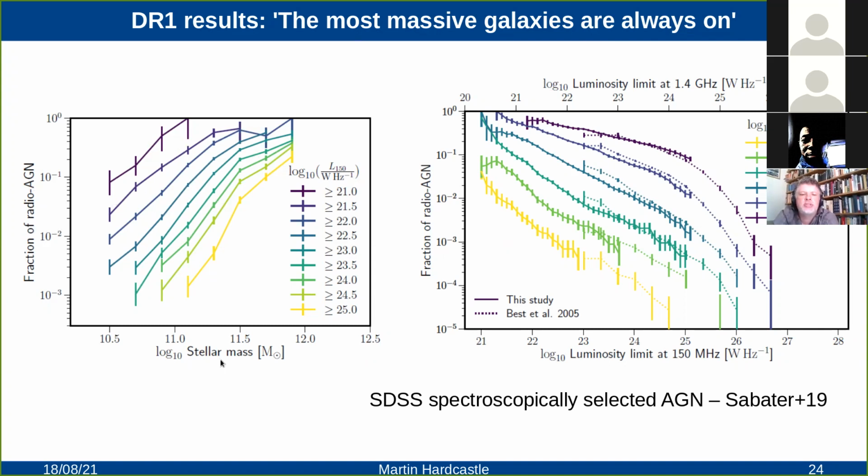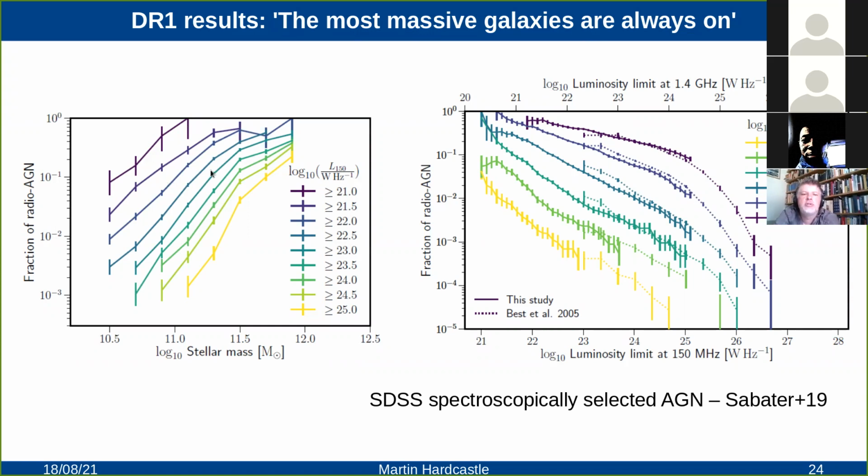So stellar mass on the bottom, we've got fraction of radio AGN on the y-axis, and we're putting different radio luminosity cuts. So you can see that if you take the lowest radio luminosity cut, then once you get above 10 to the 11 solar masses, every single galaxy has a radio AGN brighter than that.